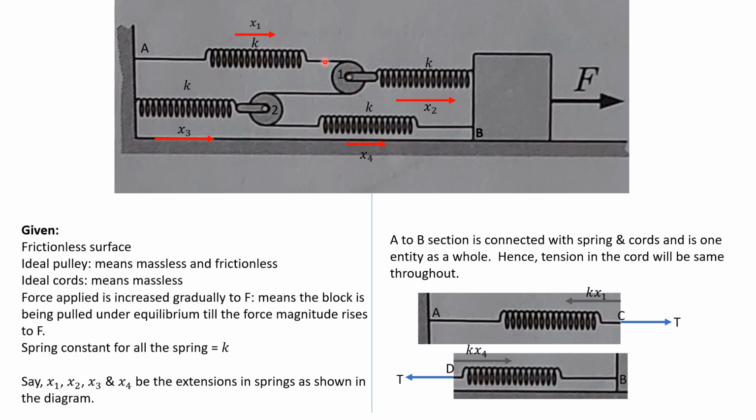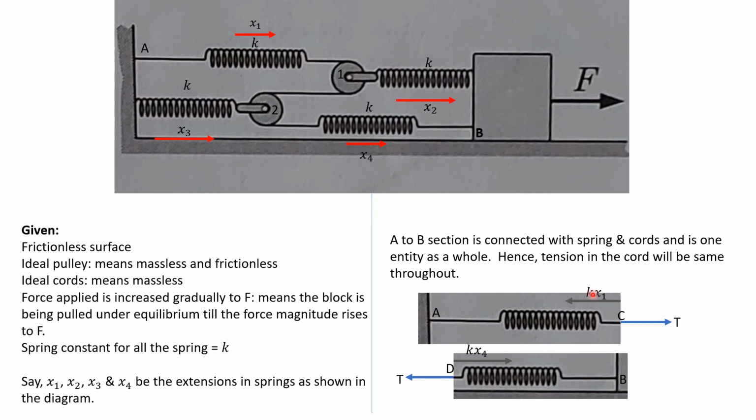So we will take this section. We have shown it over here. So at this end in the cord, the tension is T. Spring has got an extension x1. So a spring will try to pull this end this side with a force Kx1.